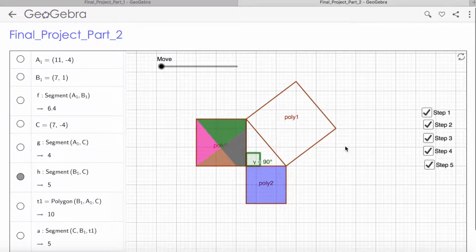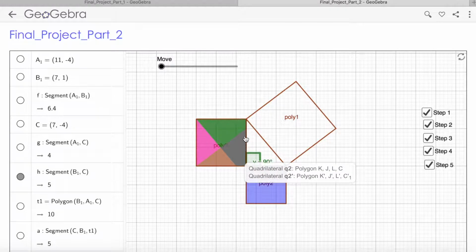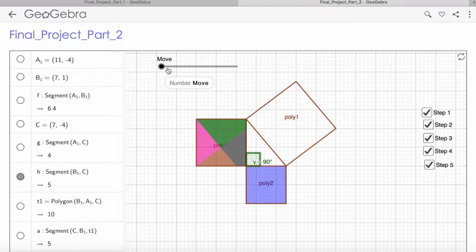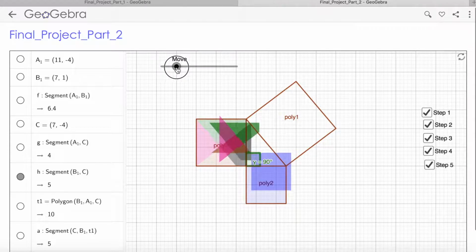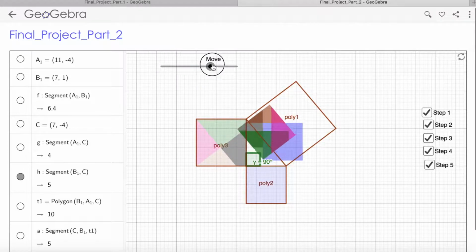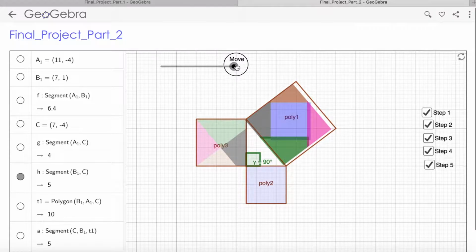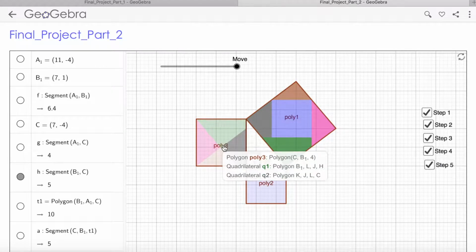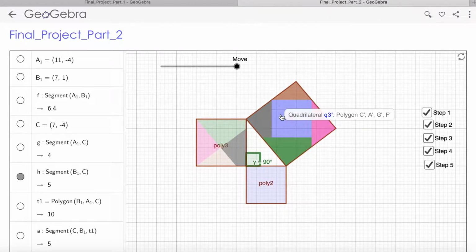Here again we have a white right triangle. This side is represented by a squared, and this side by b squared. By moving all of this over, it becomes clear that it perfectly fits into the hypotenuse squared. So this area plus this area is going to equal this area.